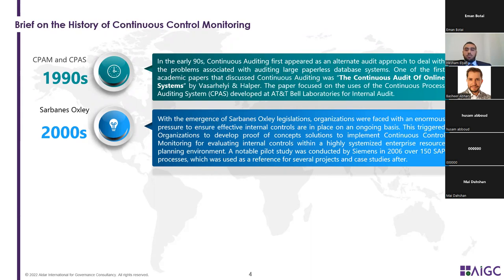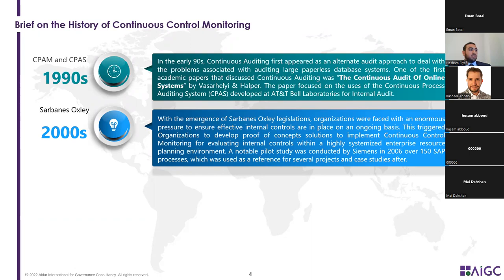As soon as we moved into the 2000s, especially after the dot-com bubble and the Enron case, and with the emergence of Sarbanes-Oxley legislation, organizations were faced with enormous pressure to ensure proper compliance with the new legislation and to ensure that the internal controls in place are effective on an ongoing basis. This triggered more and more organizations to look for better approaches to monitor their internal controls.